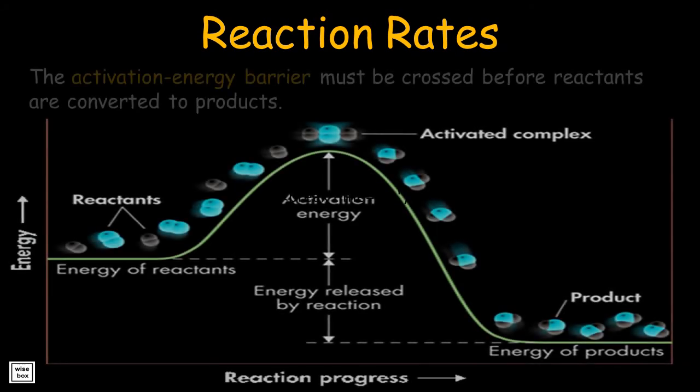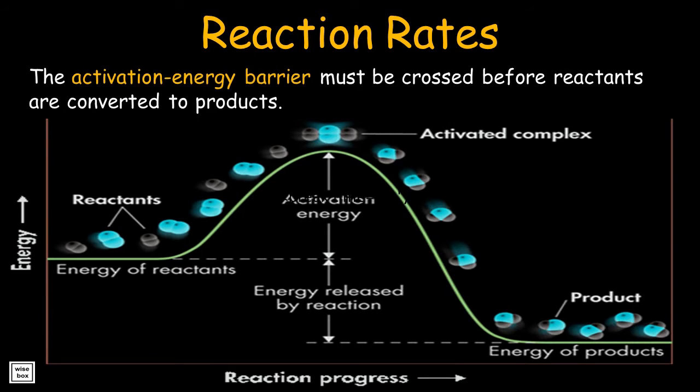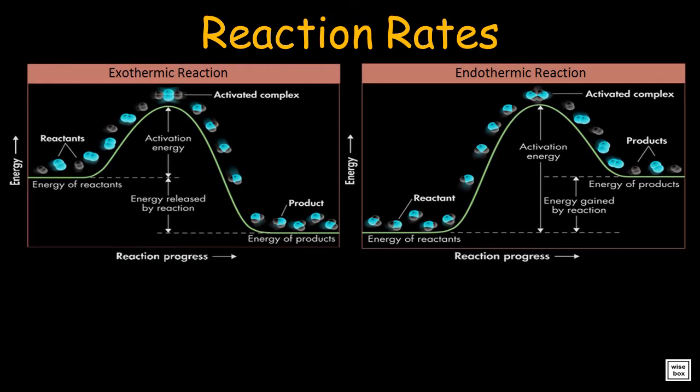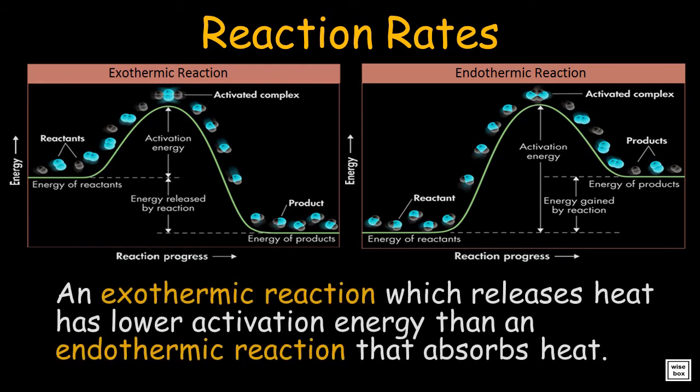This is an illustration of the activation energy barrier that must be crossed before the reactants can be converted to products. Also, notice in these illustrations, an exothermic reaction, which releases heat, has a lower activation energy than an endothermic reaction that absorbs heat.